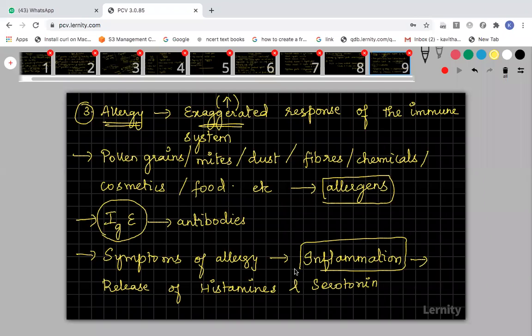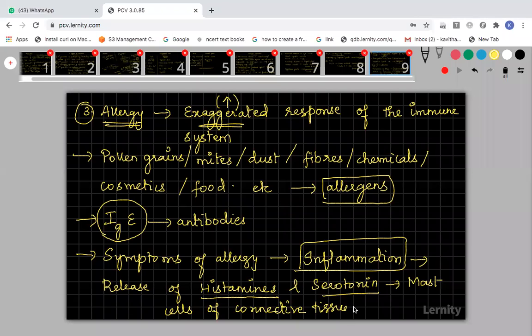This inflammation is a major symptom of any type of allergy, and histamines and serotonins are secreted by the mast cells of your connective tissue, which causes the inflammation, considered one of the basic symptoms.